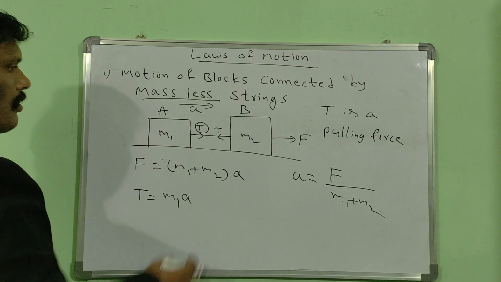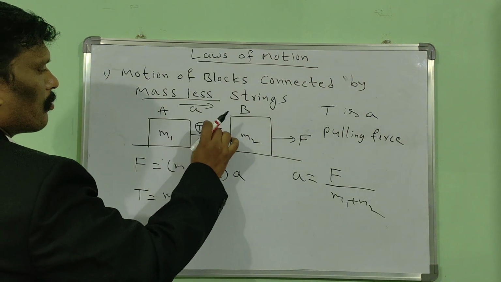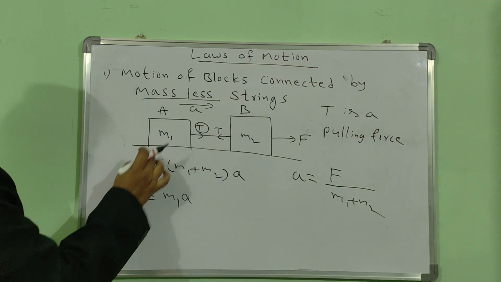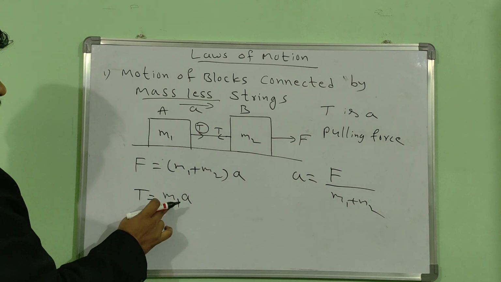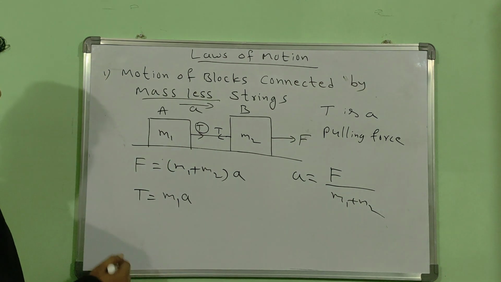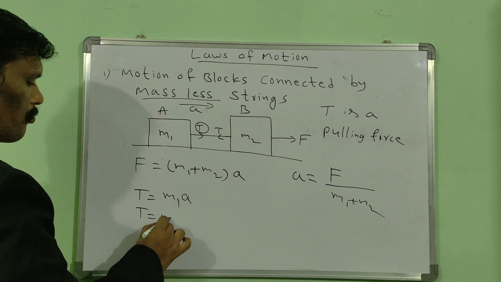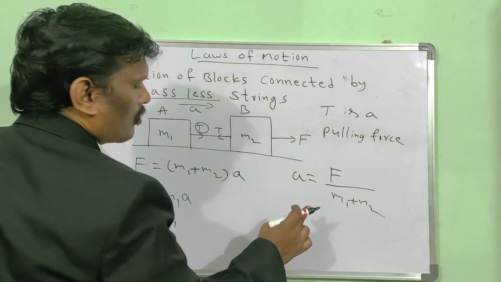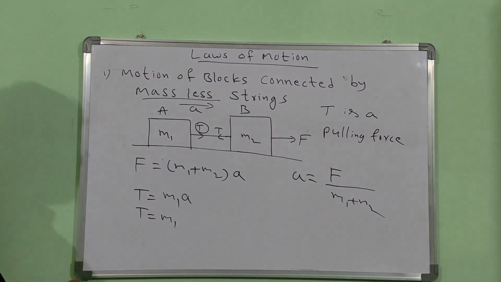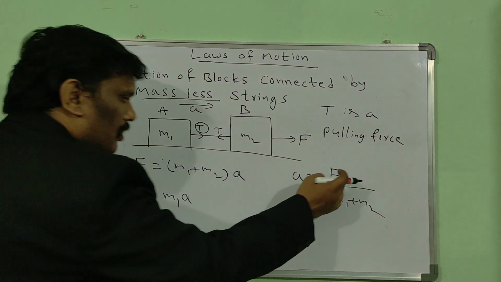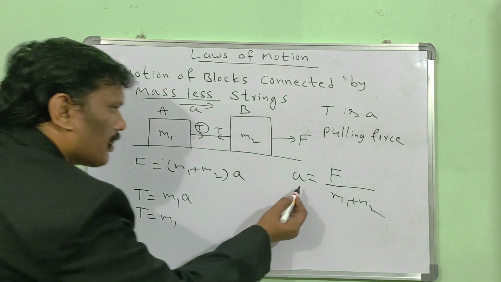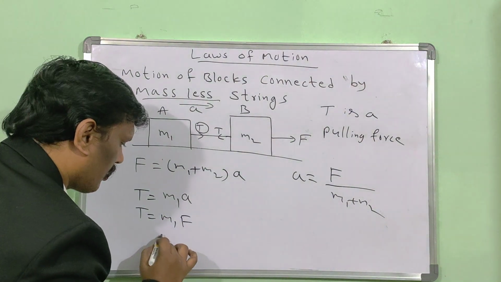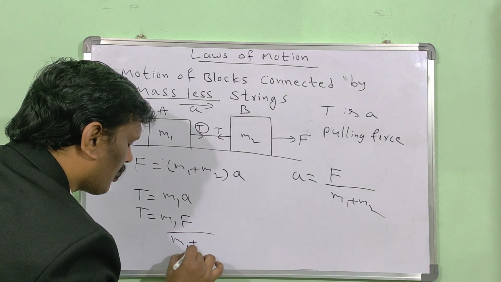How to calculate the tension? The tension pulls only one mass, that is M1, so T equals M1 into its acceleration A. Calculate the acceleration by using the formula and substitute here, or write the acceleration directly: A is F by (M1 plus M2).